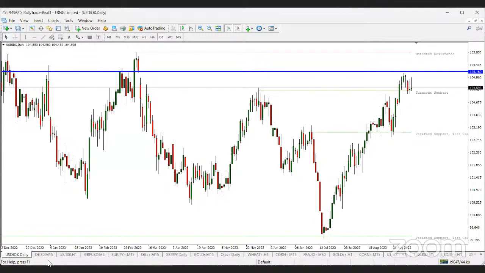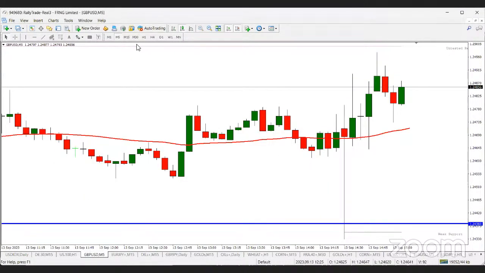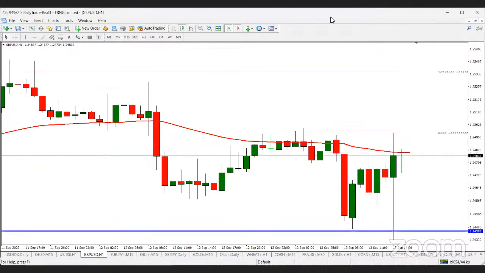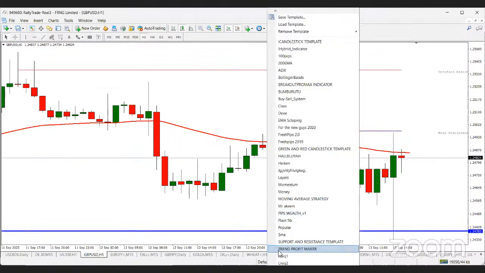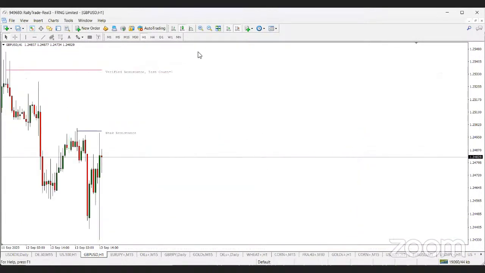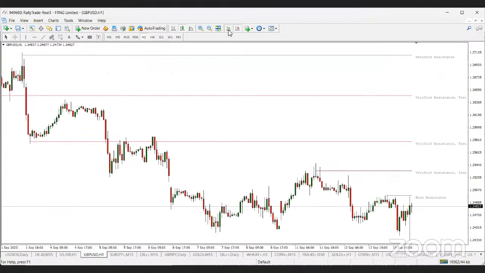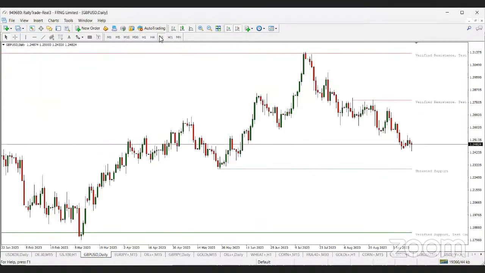Now we're going to do an analysis on GBP USD. This is GBP USD, let's look at it on the daily time frame.